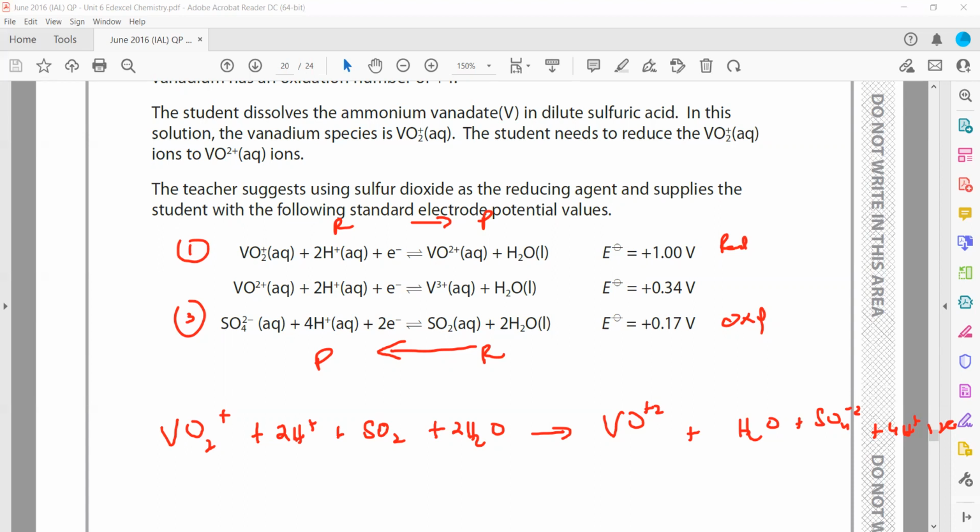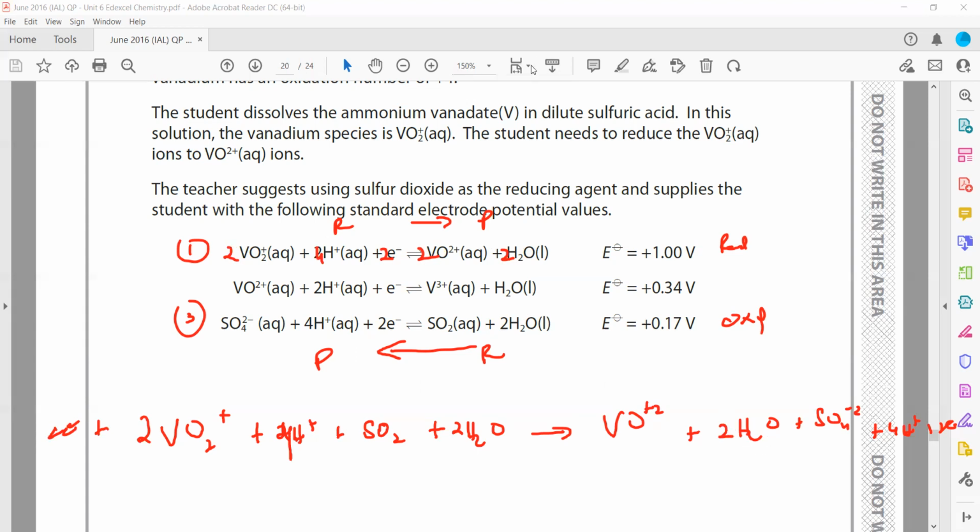So we multiply the first equation by 2, so this will be 2, this will be 4, this will be 2, this will be 2, and this will be 2. Here this is 2, this is 4, 2 electrons here, 2 electrons here, and 2 water molecules.